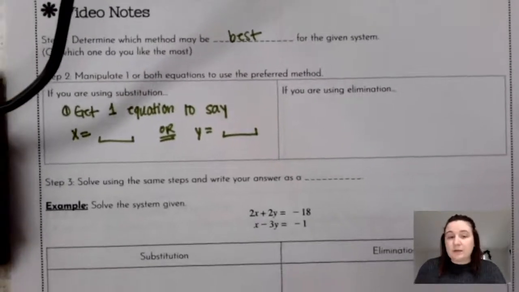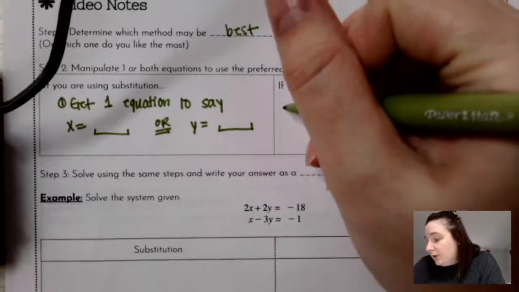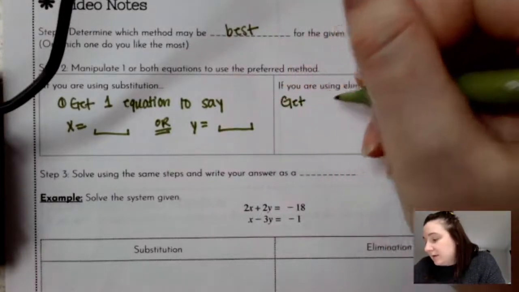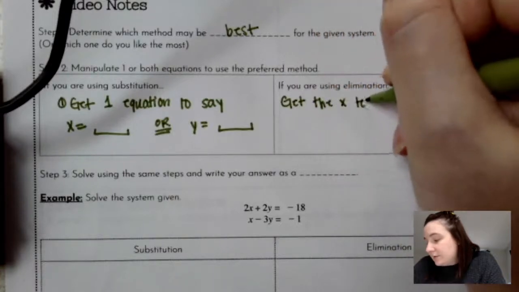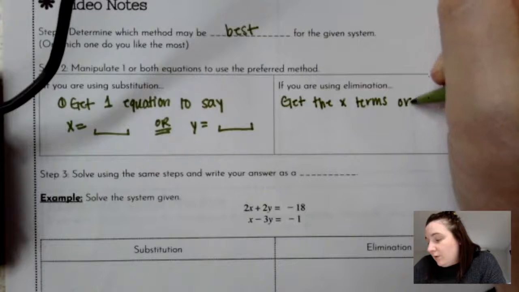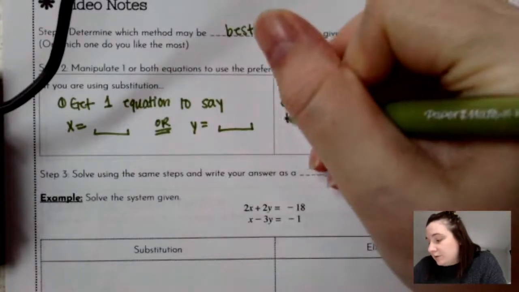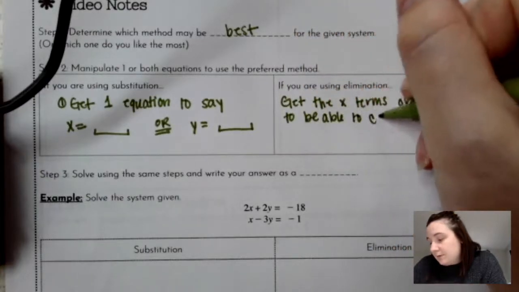But if we're using elimination, we need to set that up differently. We need to get the x terms or the y terms to be able to cancel.